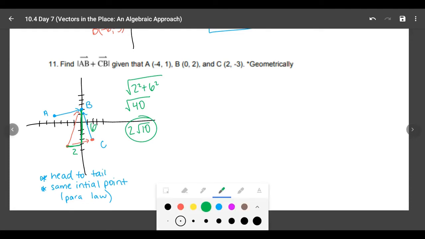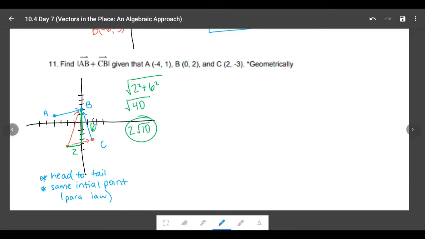Algebraically, if we were to do this, what we would do is we would find vector AB in component form. And so remember to do that, I'm going to take the end point, that B, so my 0 and my 2, and I'm going to subtract my A point, -4 and 1.